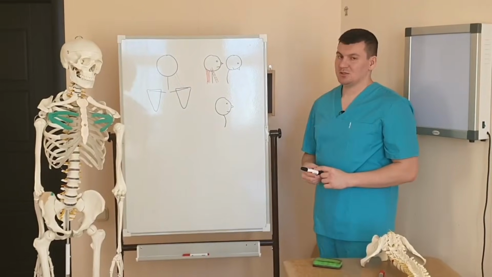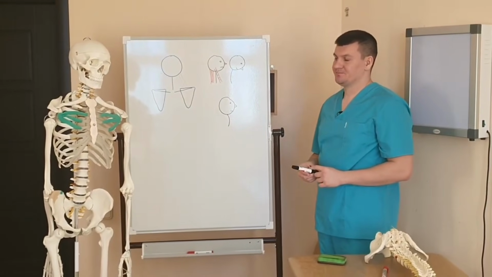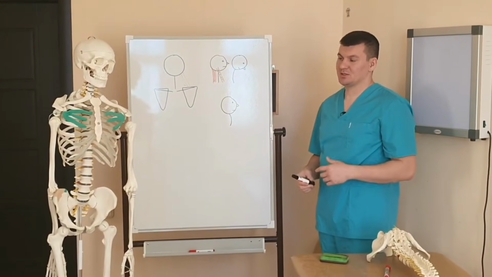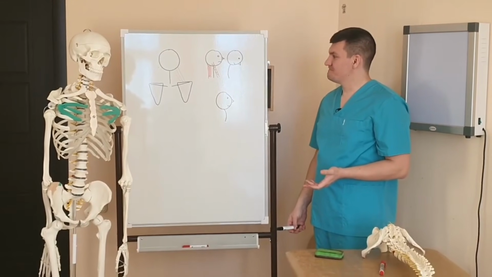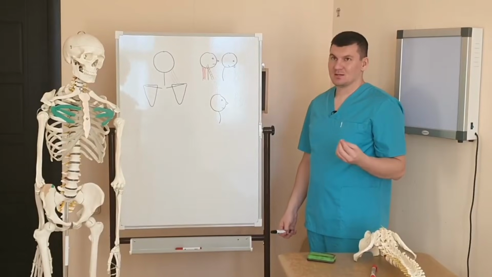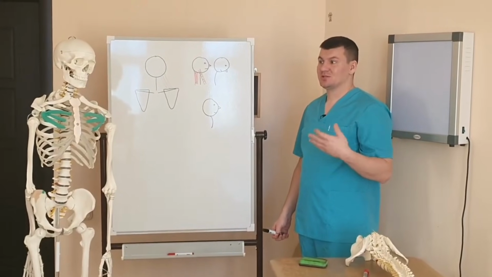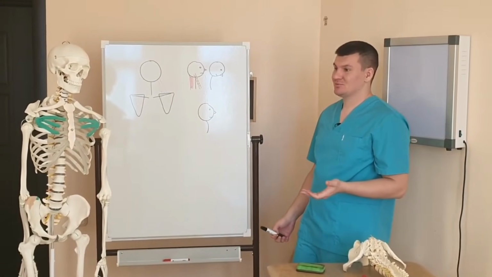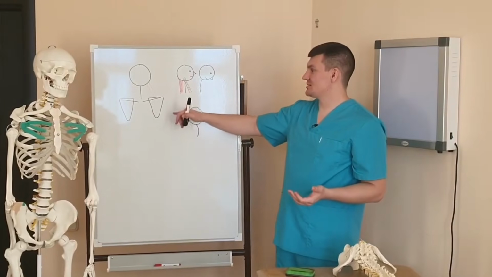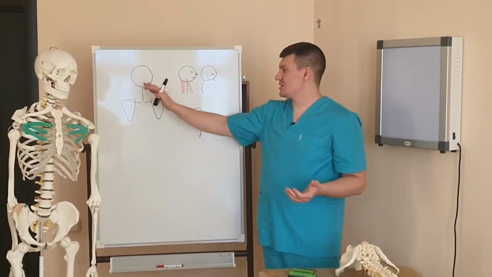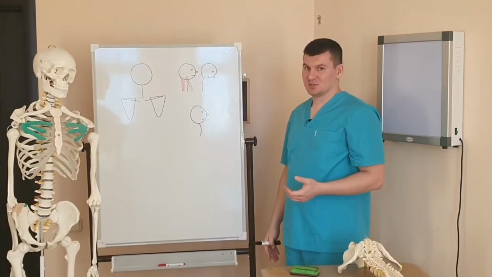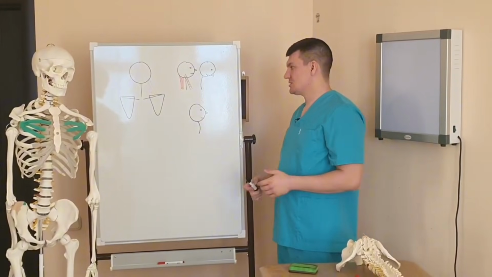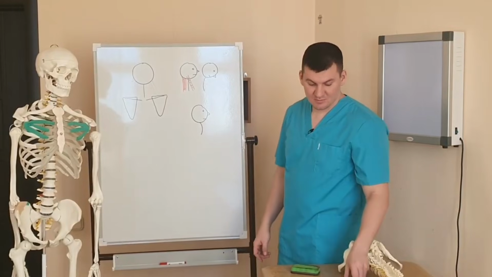The problem is that the main functions of these muscles are a bit incorrectly described, well, not exactly incorrectly, they're correct. How should I put it? The functions of these muscles are not just the commonly accepted ones. For example, we think these are flexors or extensors, that these muscles are supposed to tilt the head, but that's not their main function. I'll tell you what their main functions are now.